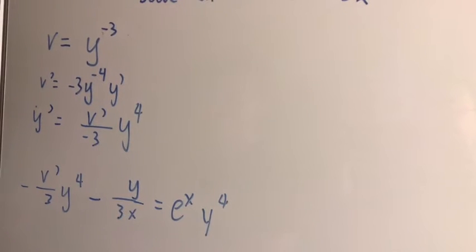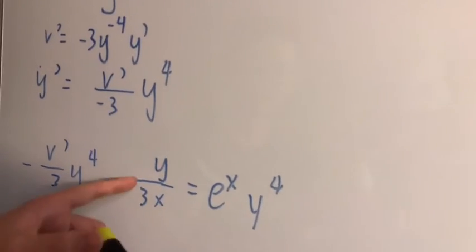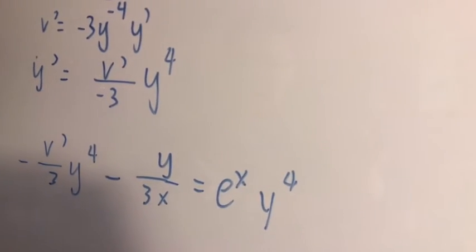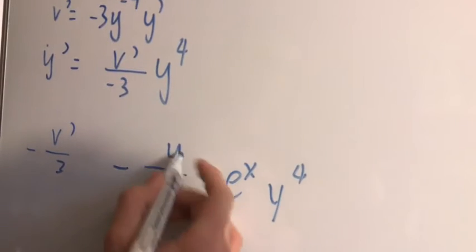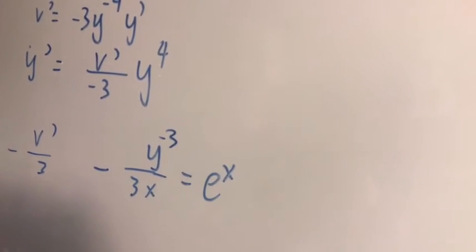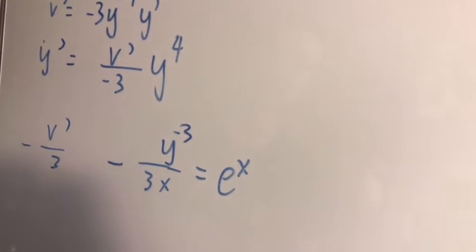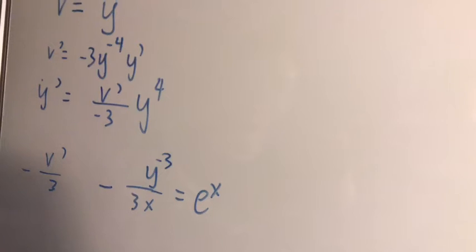What you'll notice is that conveniently we have y to the power 4 on both sides, and we have a y term here. So we can quickly cancel out y to the power 4 from both sides. And that leaves us with y to the power of negative 3 here, and conveniently, again, we see that y to the power of negative 3 is the v term that we substituted.